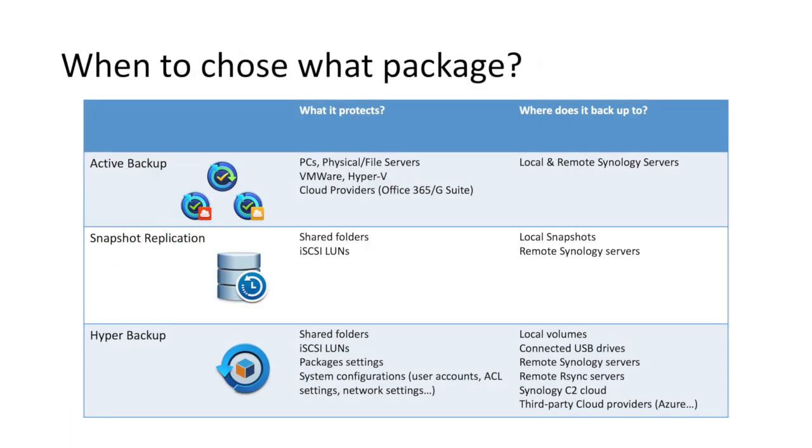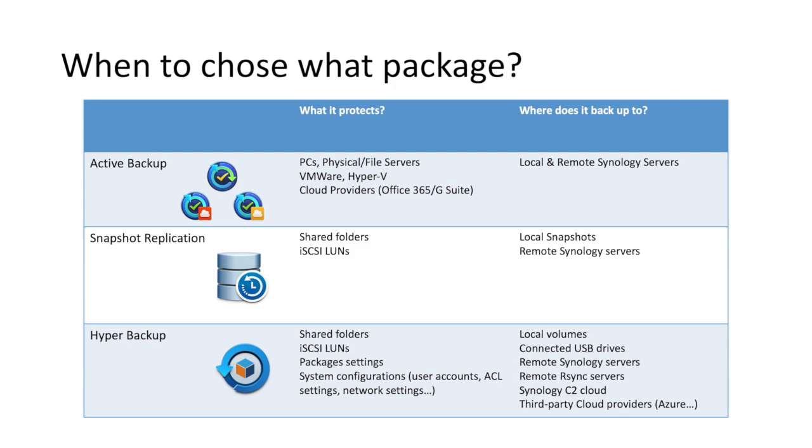So understanding when to choose what package is really important. Obviously I've covered all of this already, but just to recap, we've got Active Backup that protects your physical servers, your PCs, your virtualized environments, as well as your cloud scenarios being backed up to your local or remote Synology servers. Snapshot then takes that a step further, protecting your shared folders and iSCSI LUNs via local snapshots to remote Synology servers.